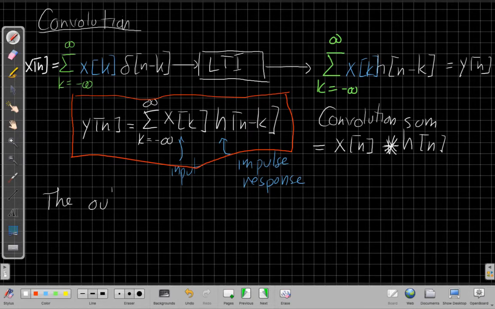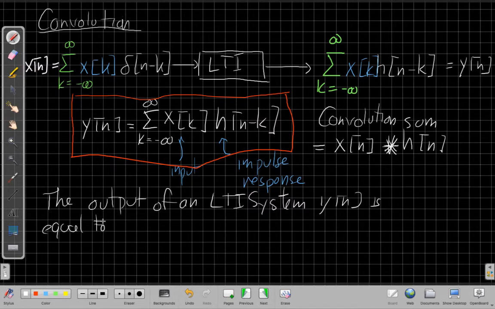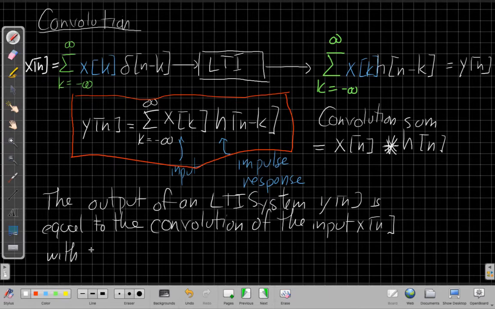So, to summarize what we just learned, the output of an LTI system, y of n, is equal to the convolution of the input x of n with the impulse response h of n.